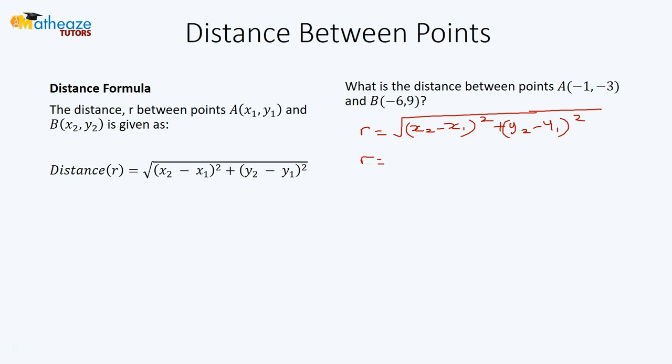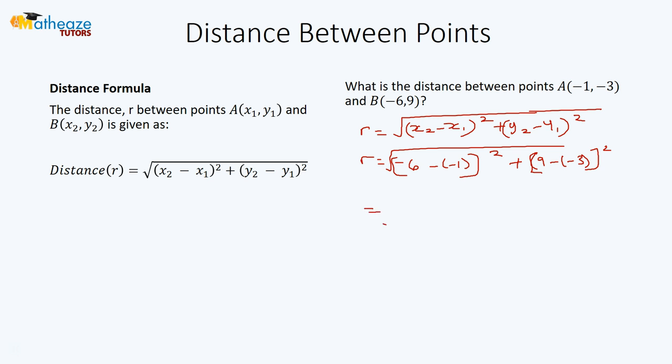R is the square root of negative 6 minus negative 1, squared, plus 9 minus negative 3, squared.